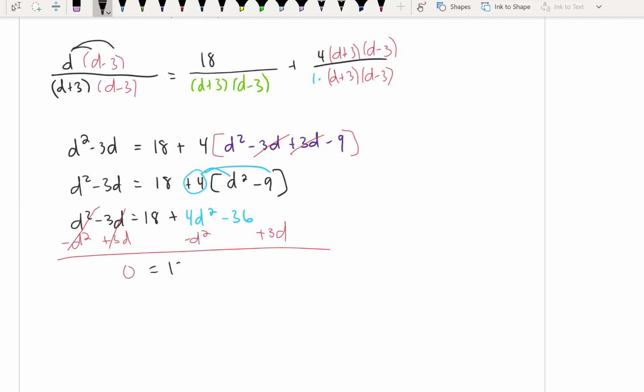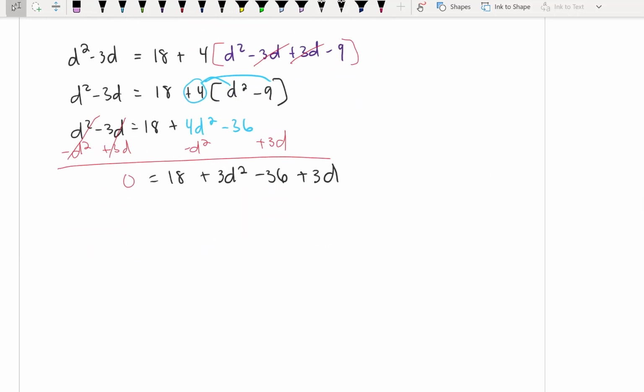So I'm left with 18 plus 3d squared minus 36 plus 3d. So what I want to do here is add the 18 and the negative 36 together. So I have 3d squared plus 3d, and 18 minus 36 is going to give me a negative 18.